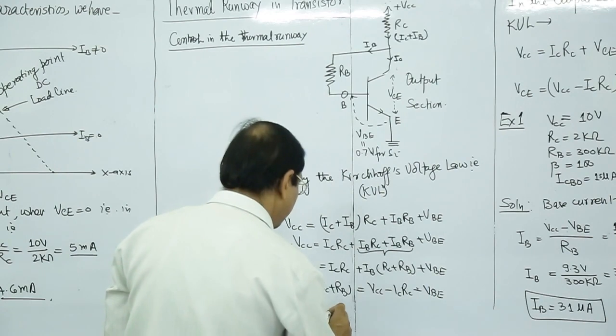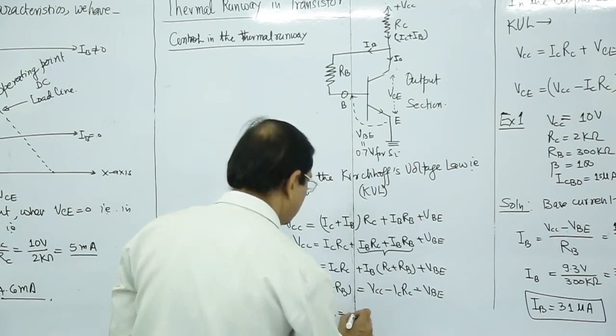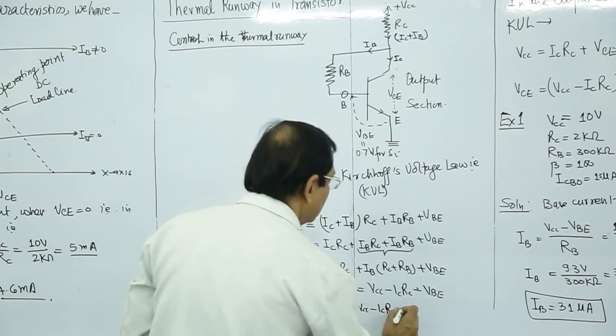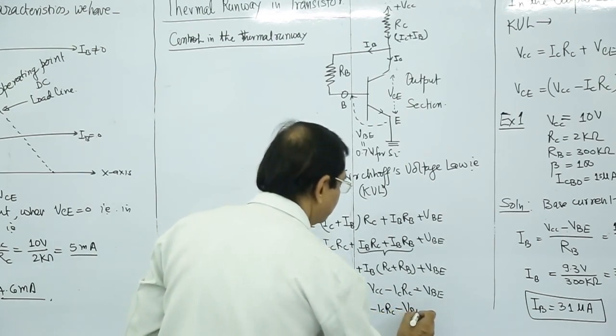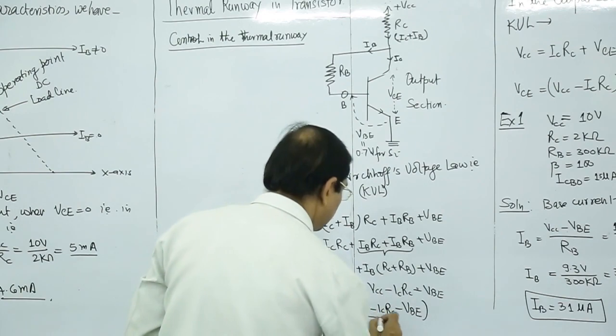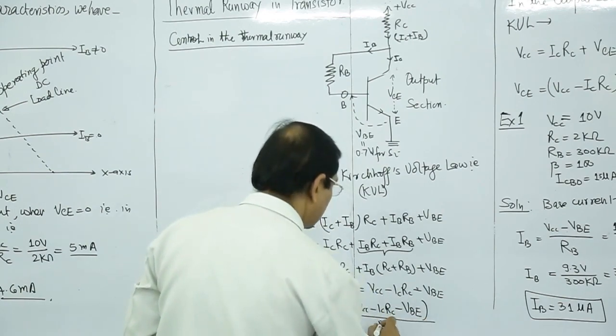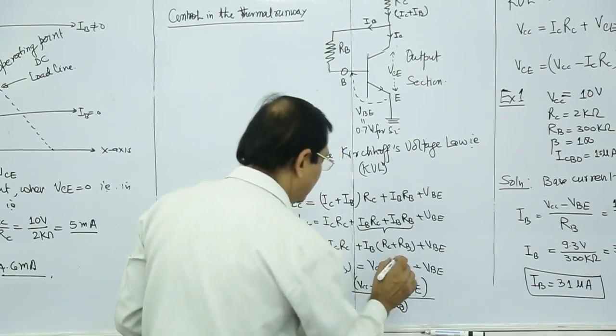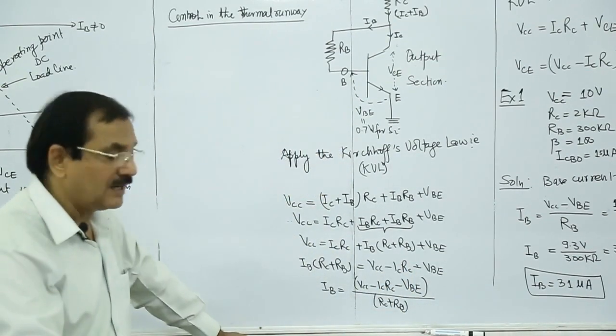So this IB is equal to VCC minus ICRC minus VBE, divided by RC plus RB.